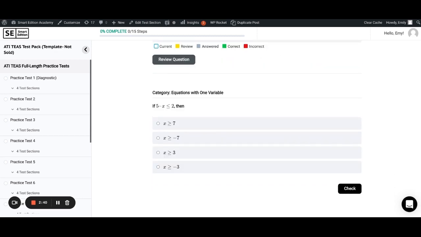Okay, next question. This is equations with one variable. I'm going to give you a second to answer this question.